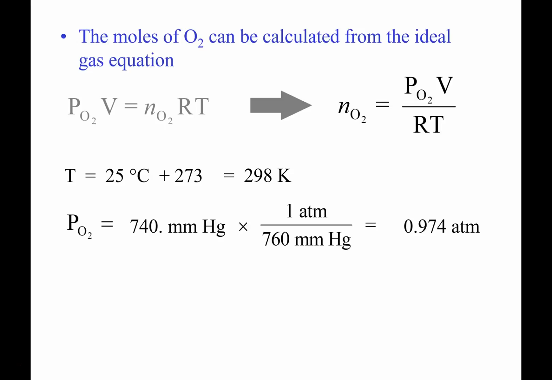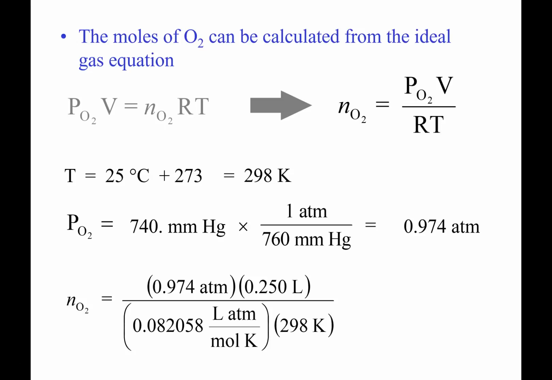So now we're ready to go ahead and plug into this equation. The number of moles of oxygen must be the pressure, 0.974 atmospheres, in the numerator. Also in the numerator, we have that volume of 0.250 liters that was given in the original problem. In the denominator, we have the ideal gas law constant, 0.082058, with units of liters atmospheres per mole Kelvin.